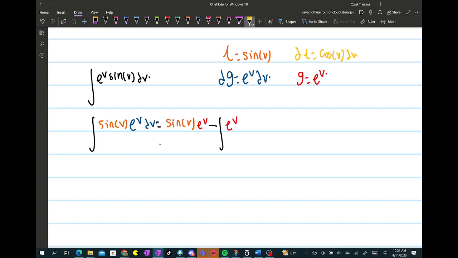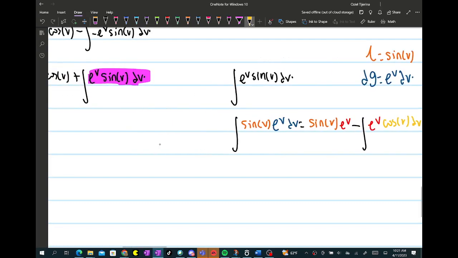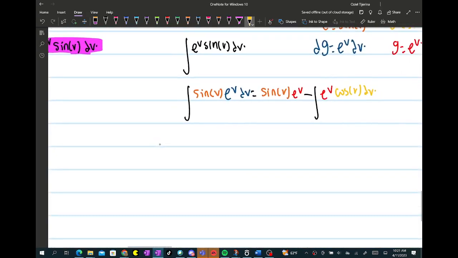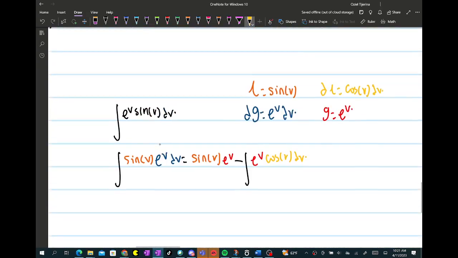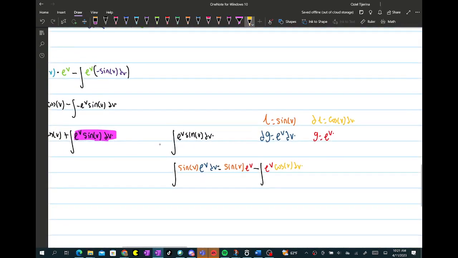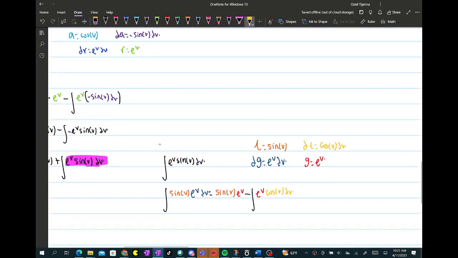Okay, and now this is what that integral is.